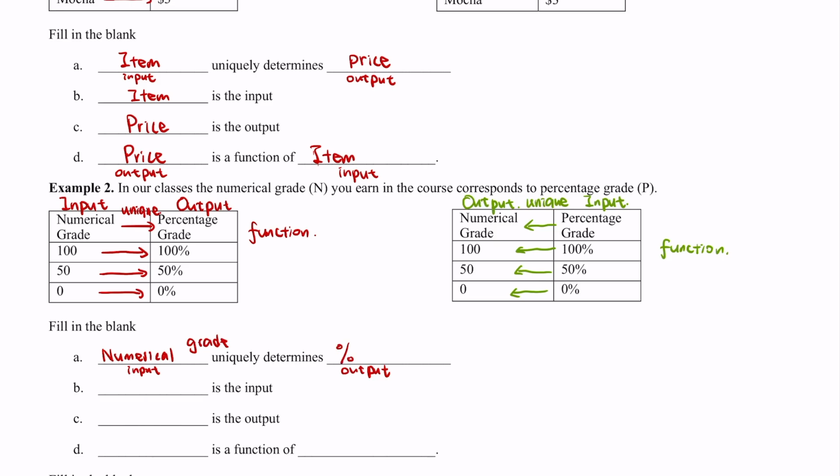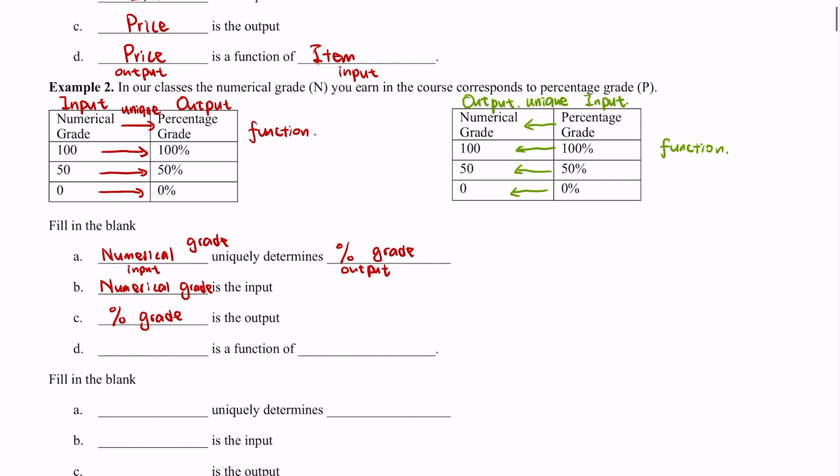So let me write down this way, percentage grade. And the input is the numerical grade. Output is the percentage grade. And the output is a function of input. So the output percentage grade is a function of numerical grade.